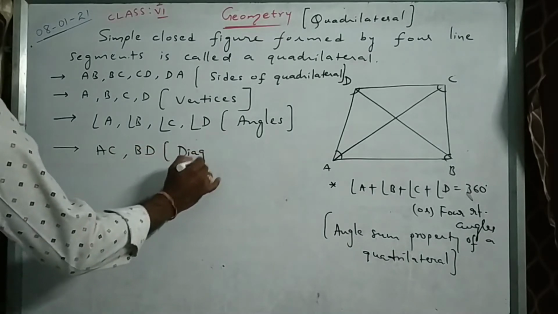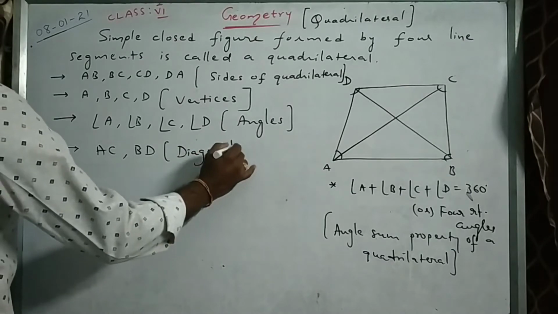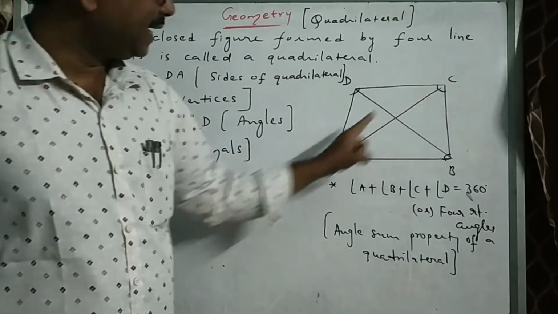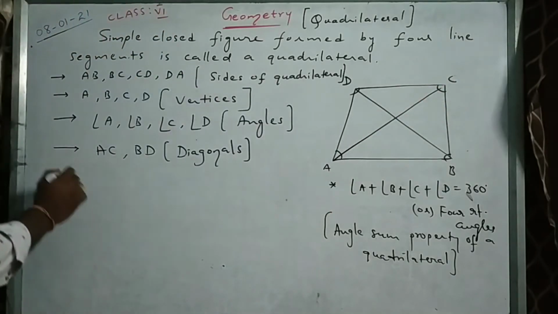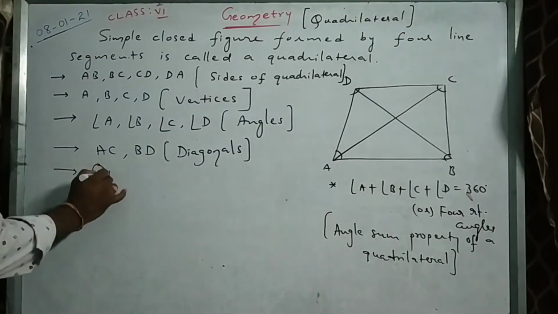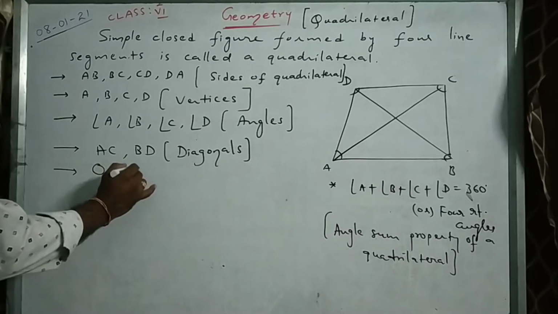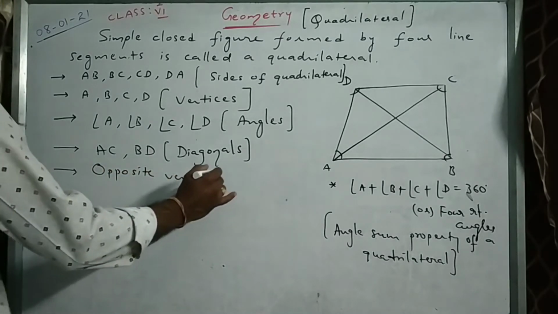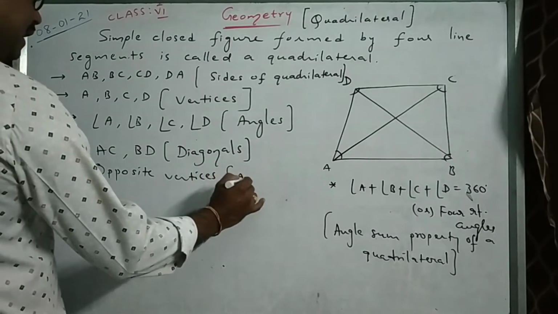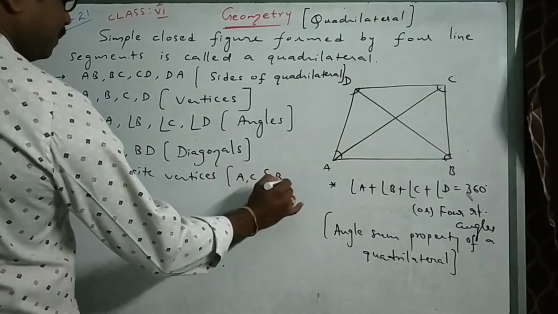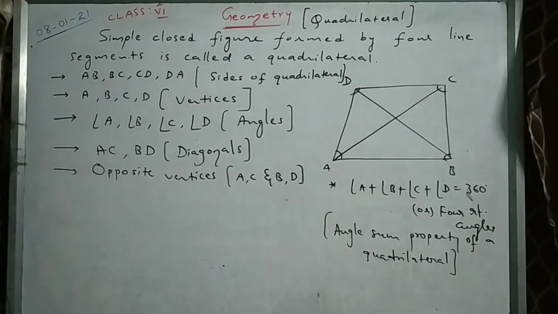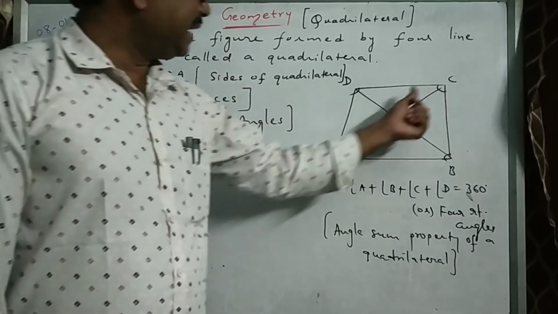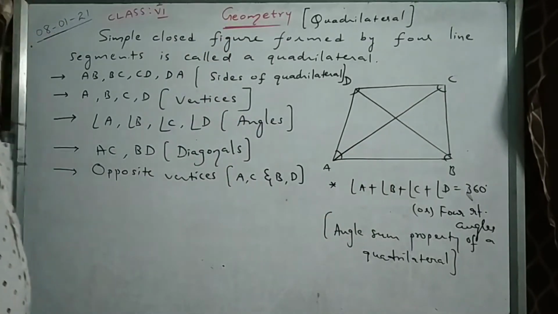Diagonals means if you join opposite vertices, A and C are opposite vertices, and B and D. If you join opposite vertices, that line segment is called diagonal.